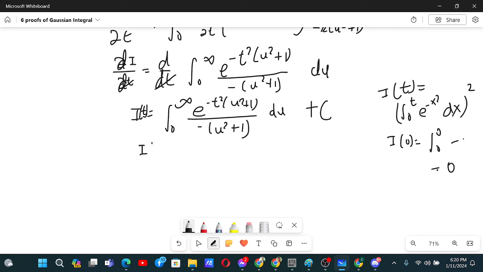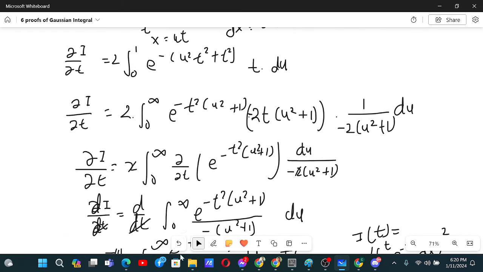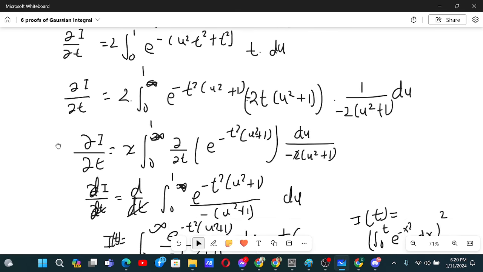Now from this integral, t is 0, so minus (u squared plus 1) du plus c. I of 0 is actually 0, and this is tan inverse u going from 0 to, okay, this is not from 0 to infinity, by the way. This integral is going from 0 to 1. I made a mistake.